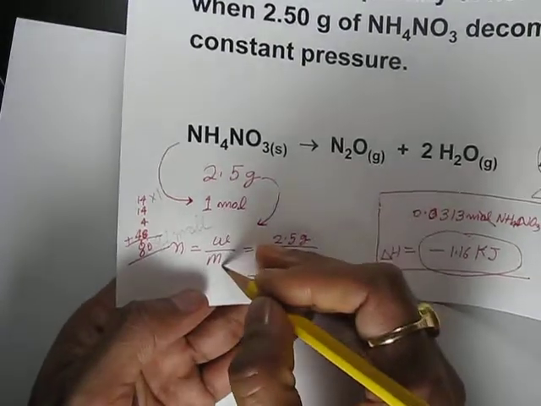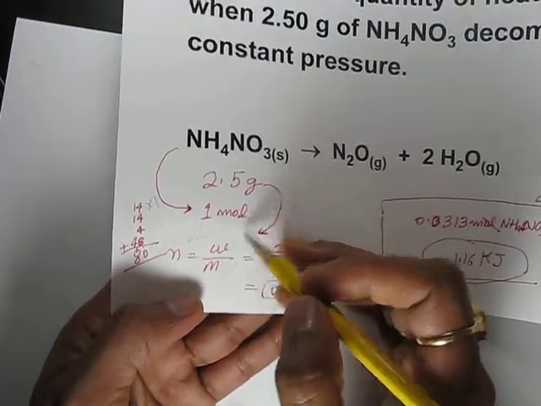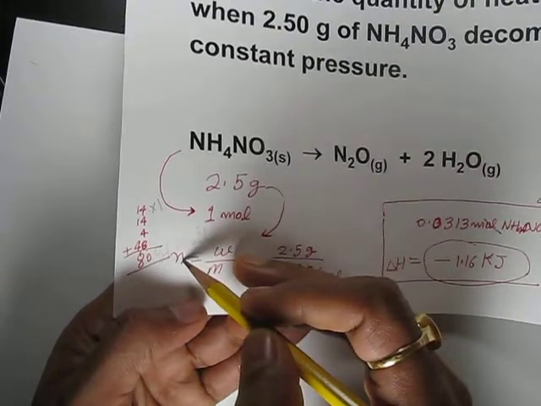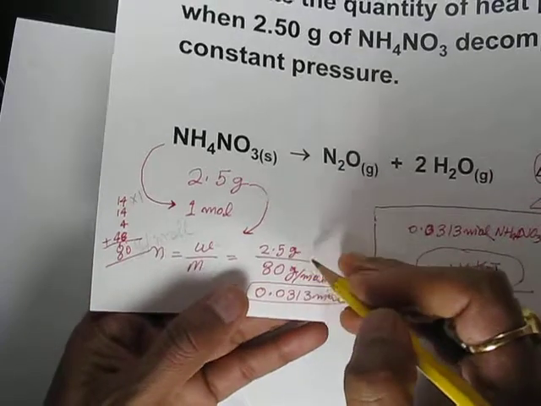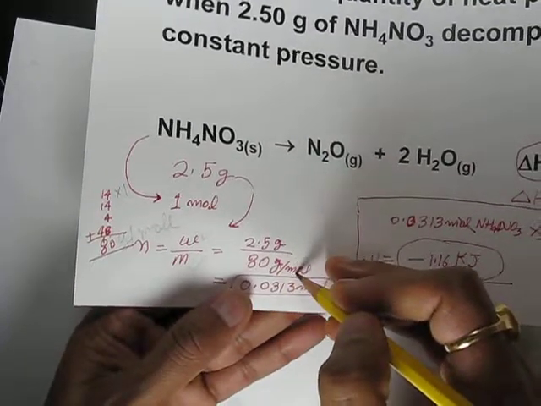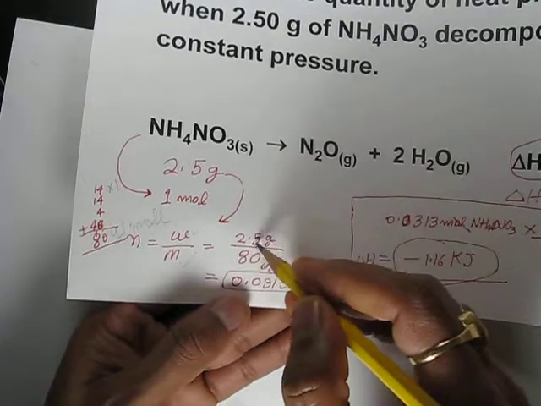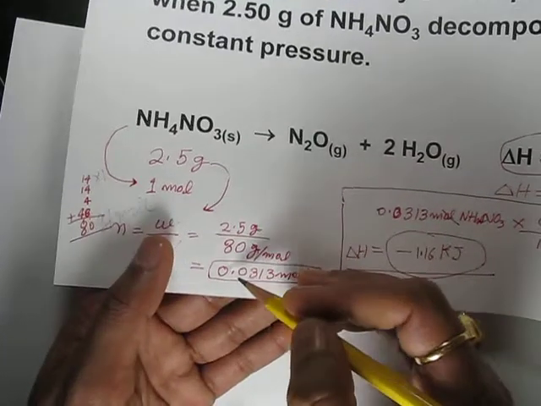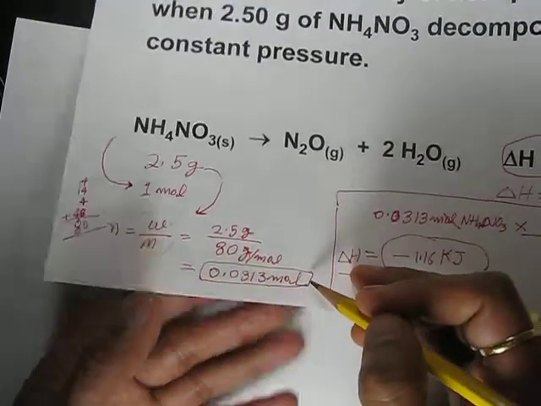So now we know the molar mass, and we know that we have 2.5 gram. So how many moles will that be? The number of moles will equal 2.5 gram divided by 80 gram per mole. The gram will cancel out, and once you calculate this, the number of moles will come to 0.0313 mole.